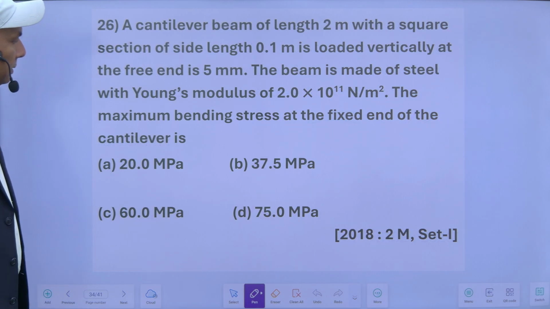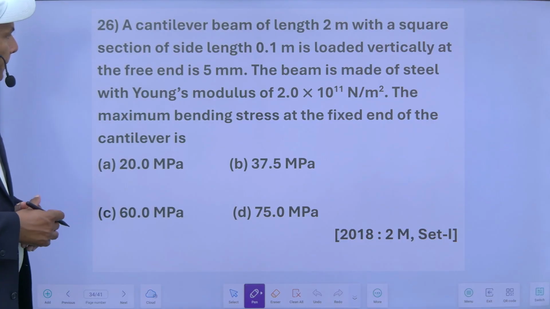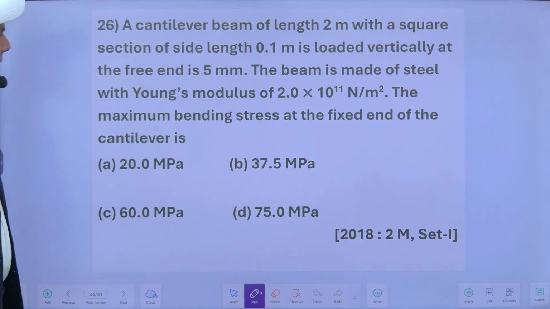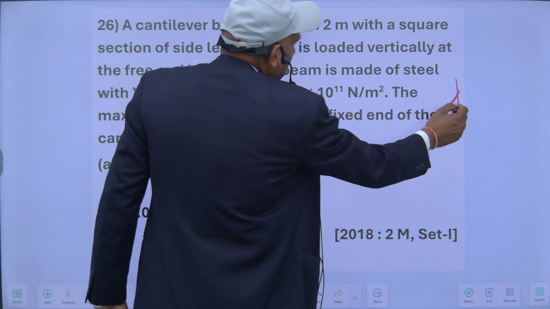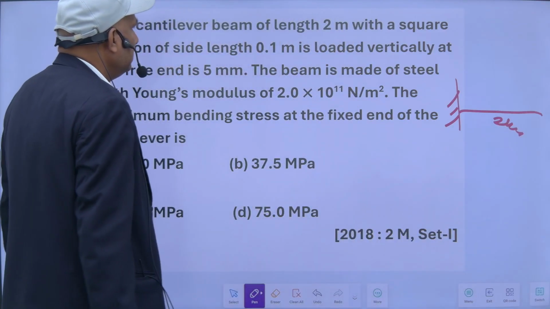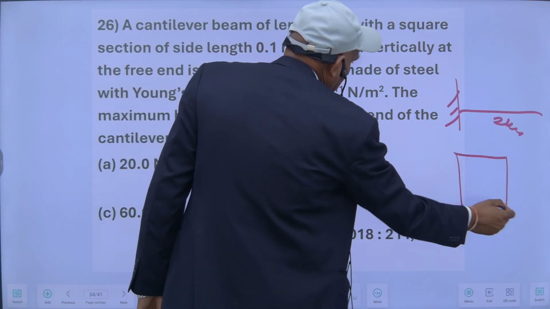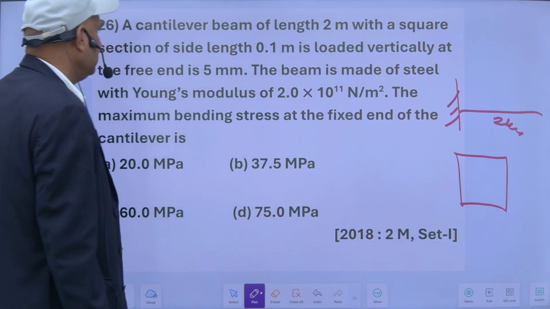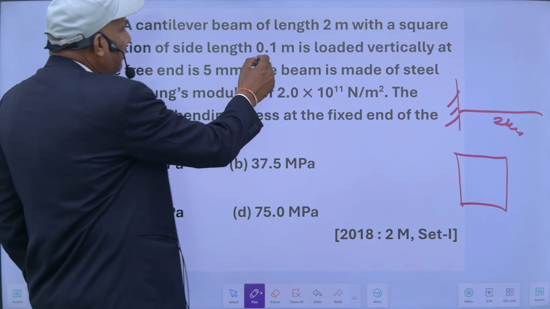So now these are the questions of GATE. A cantilever beam of 2 meters length with a square section of side length 0.1 meter.